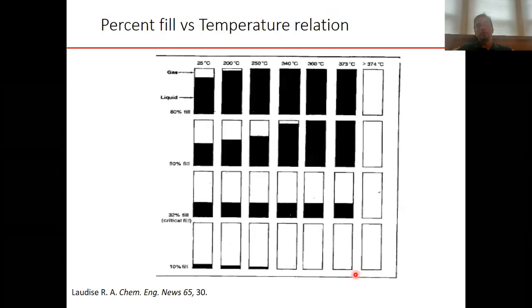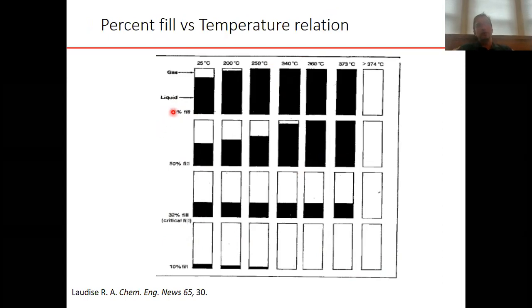Okay, so you can understand this even better when you look at this diagram here. Here we have liquid fill levels, and how the percentage of liquid filling the autoclave changes as we increase the temperature.